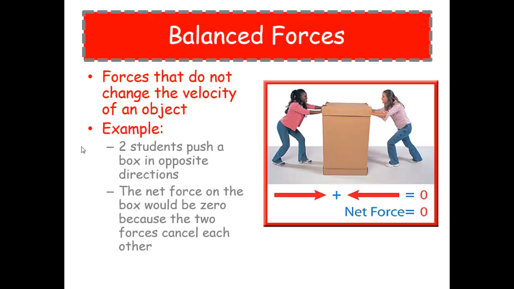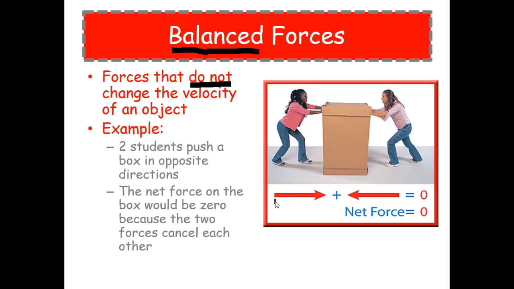Okay, first of all we have something called balanced forces. Balanced forces are forces that do not change the velocity of the object. The key word there is that they do not change the velocity. Looking at this picture, you have these two ladies, and they're both pushing this box. Notice the arrows.